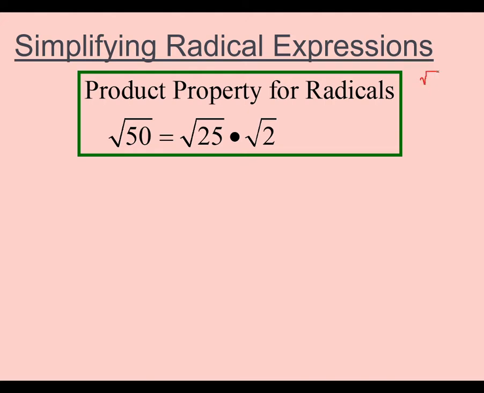Pwede naman natin isulat or meron kayong hawak. Ano? Square root of 4, square root of 9, square root of 16, square root of 25. So, obviously, since 50 yan, dito tayo sa 25. Kasi 25 times 2 is 50.